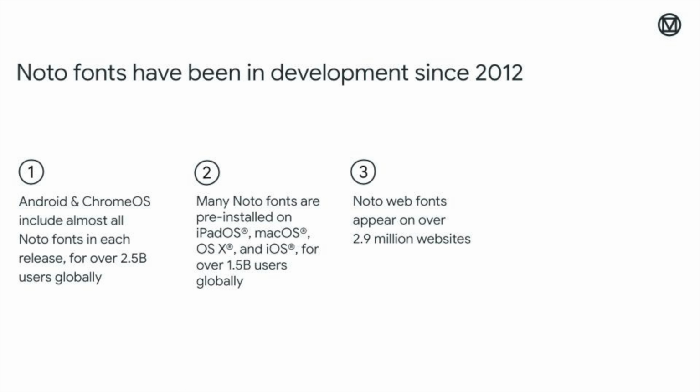However, after both Chrome and Android decided to fund them, the first Noto fonts arrived in early 2014. Noto fonts are part of the Google Design Platform. Billions of devices and millions of websites globally use Noto fonts.